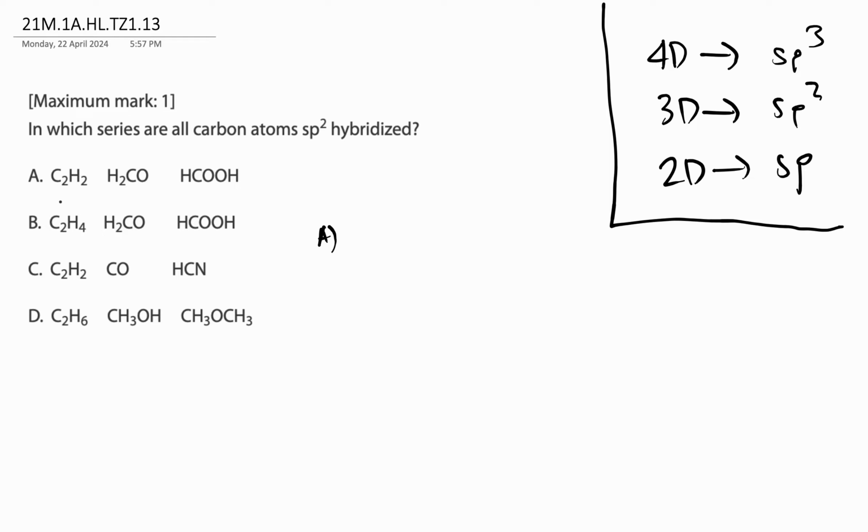Okay, let's draw out the molecule for each one of these. There are of course faster ways to do this, but for your learning, I think this is the best way to understand. Let's draw C2H2 first. So you must have a C, and you have a hydrogen and hydrogen.